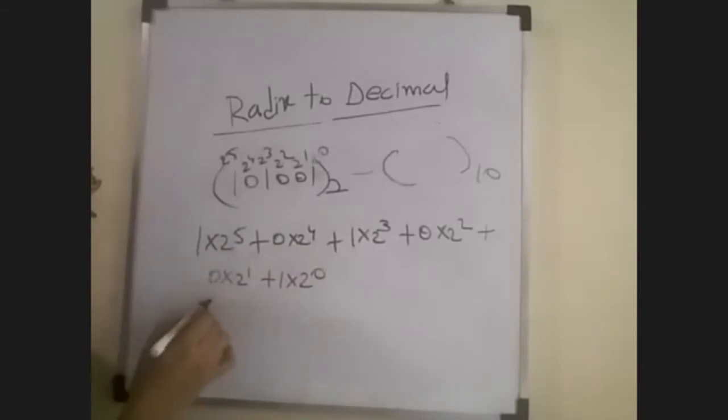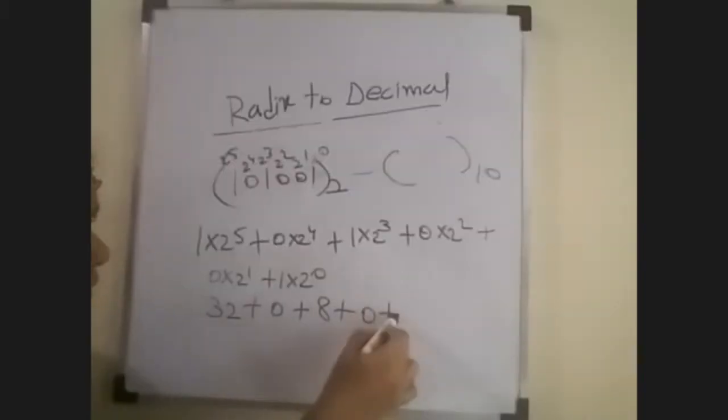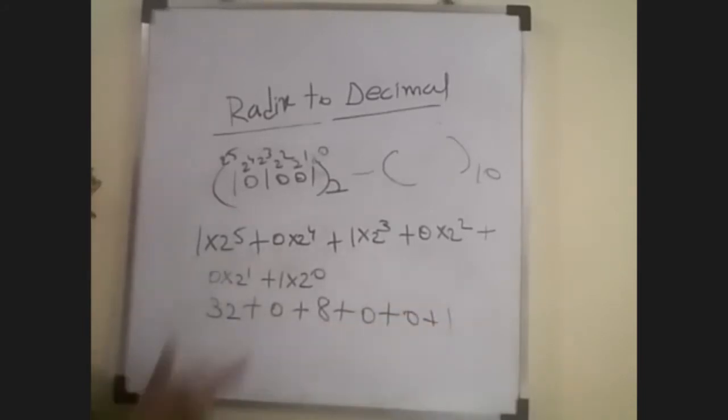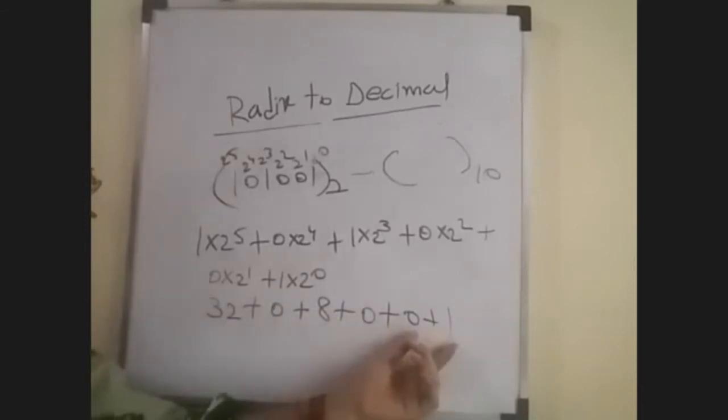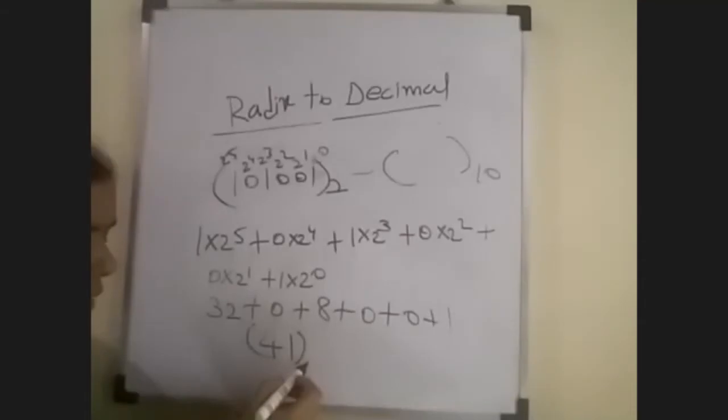So 1 into 2 power 5 is 32, plus 0 plus 8 plus 0 plus 0 plus 1. So 32 plus 8 is 40, 40 plus 1 is 41. Like this you can cross check.